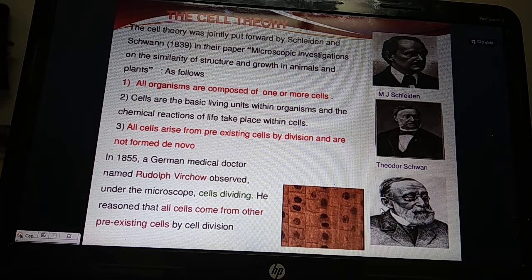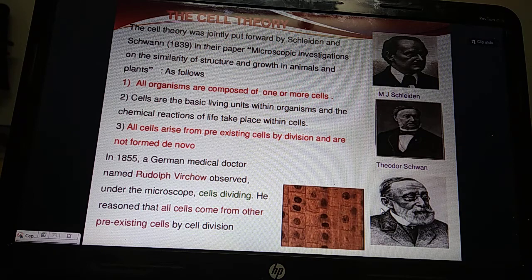Both did their research work independently. Schwann worked on many animal tissues, and Schleiden worked on different kinds of plant tissues. Then they proposed cell theory.